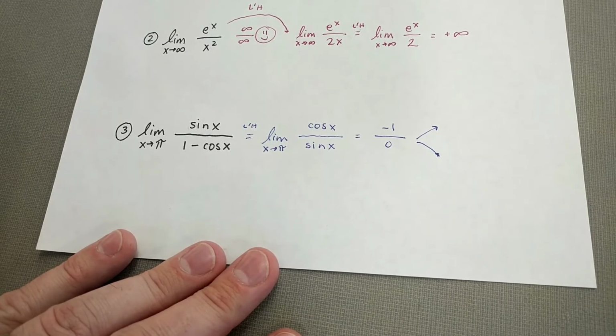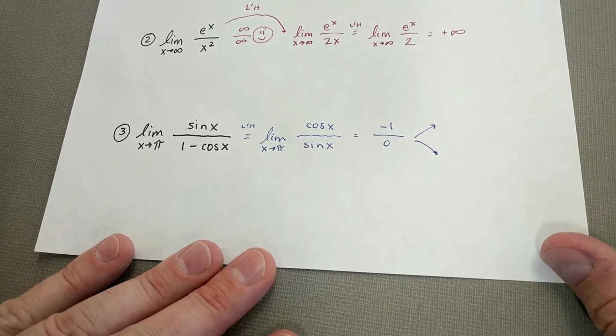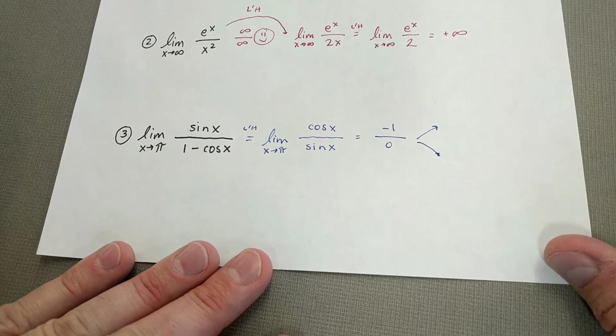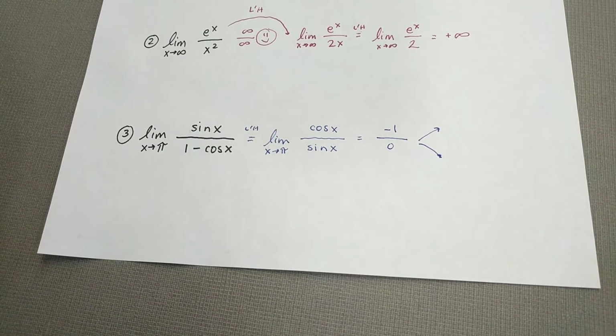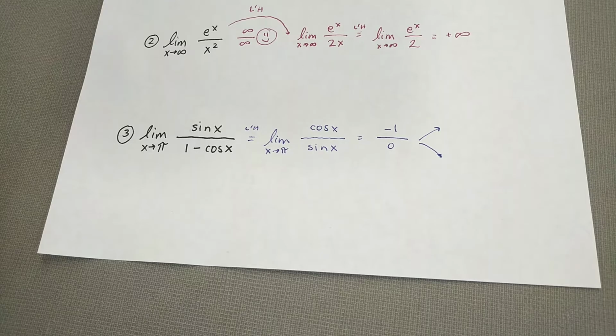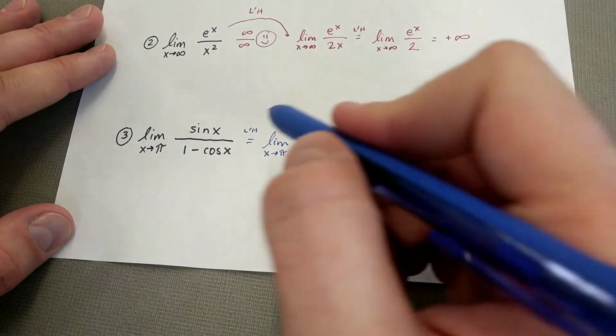I'm going to pause for a moment and see if you can figure out what mistake I made doing this problem. And then I'll let you know in just a couple of seconds here. All right, why is this all wrong?